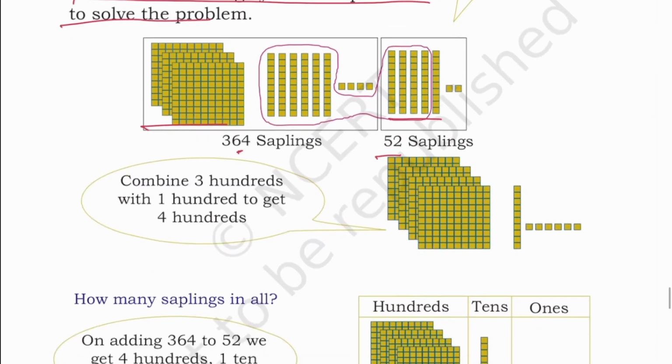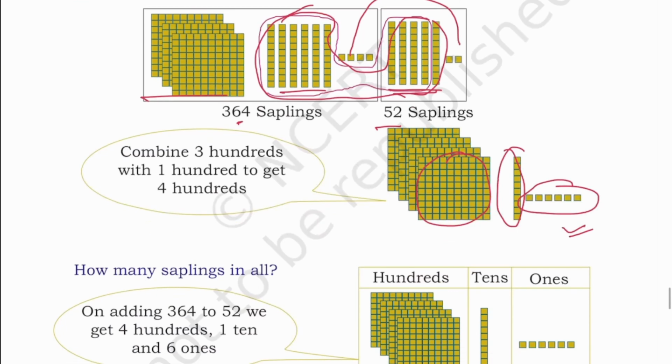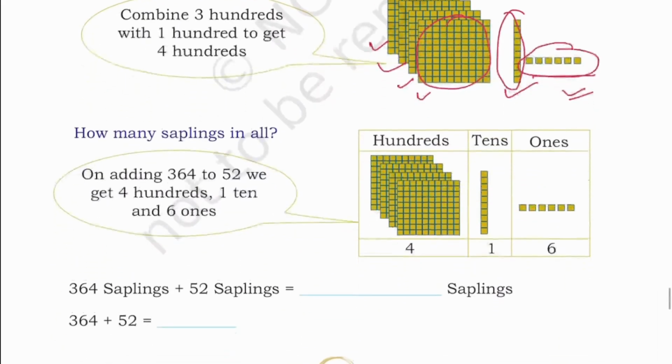That means if we group these two, it will become 60 and 50, that is 110, and these two, 4 and 2, 6. That means 110 could be written as 110, and 4 and 2 could be written as 6. That means 300 and 100, that is 400, and 10 and 6, that is 416.